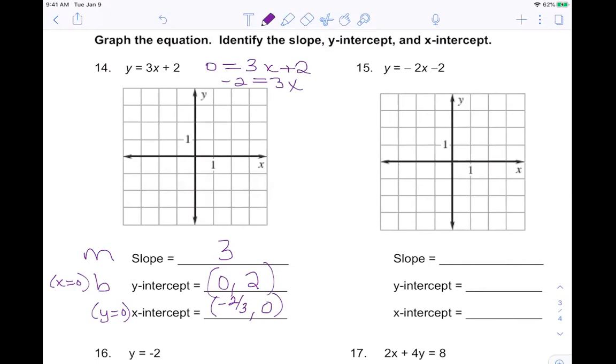So the last thing we're going to do is just graph this. It is in slope-intercept form, so I could graph it in the form that it's listed in, or I could graph it by plotting the x and the y-intercept and connecting those points. But I'll graph it with the mx plus b form. So we have mx plus b, where b is 2. And then the slope is 3 over 1, which means I should rise 3 and run 1, or I could fall 3 and go backwards 1.